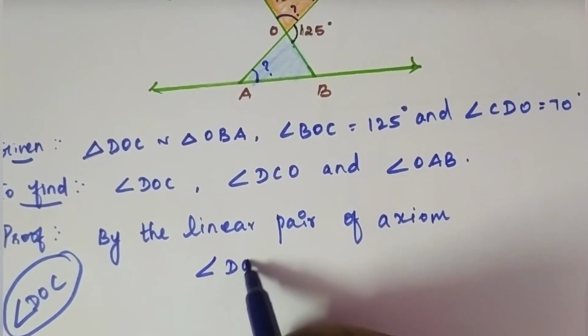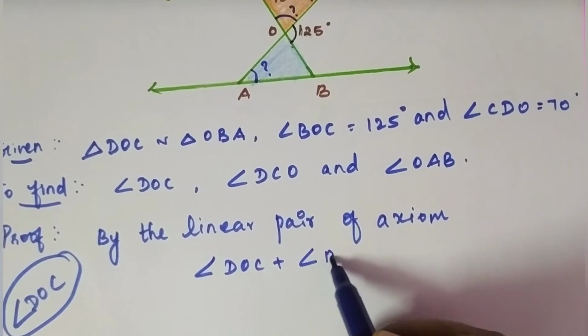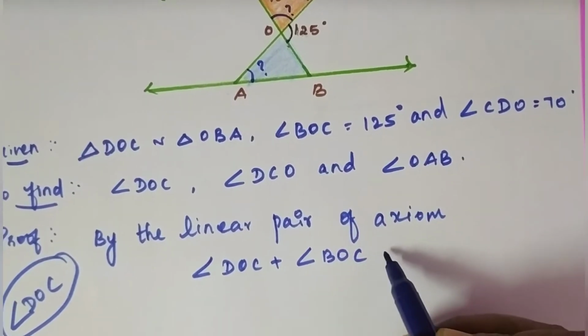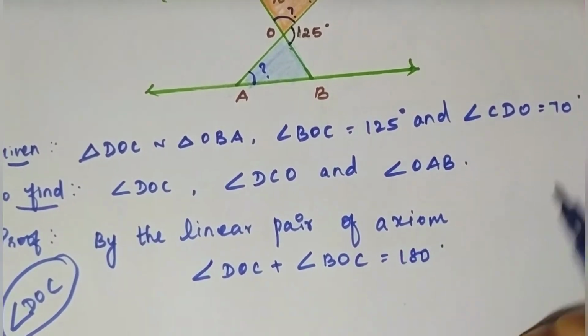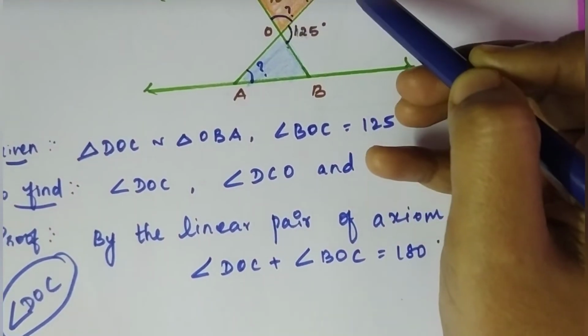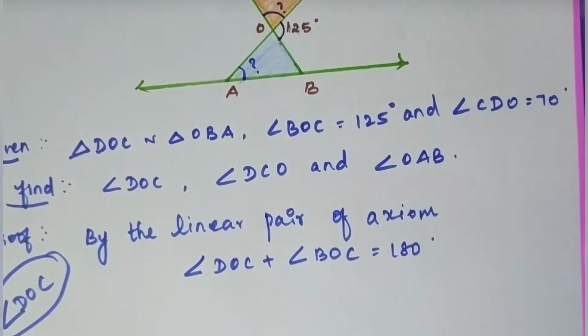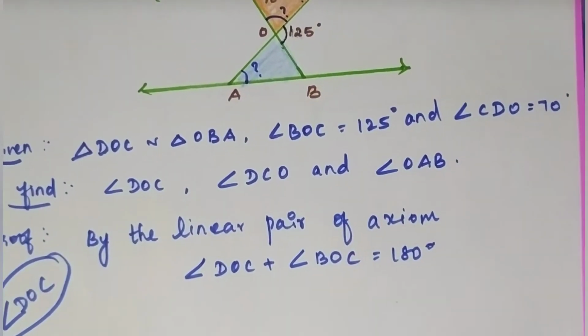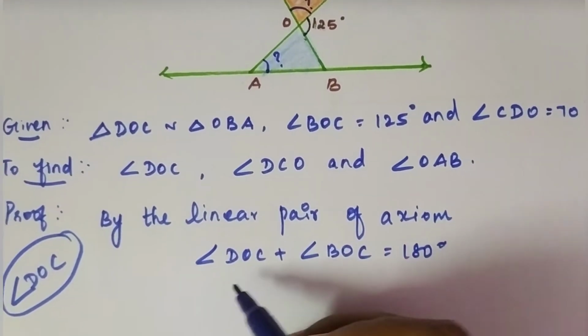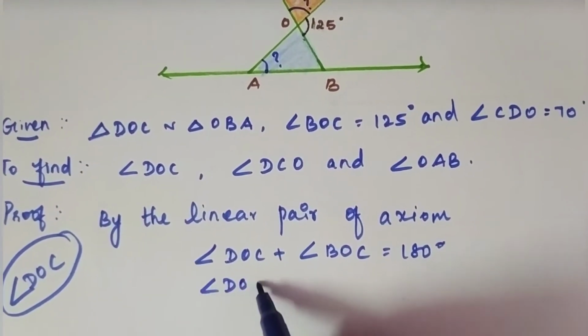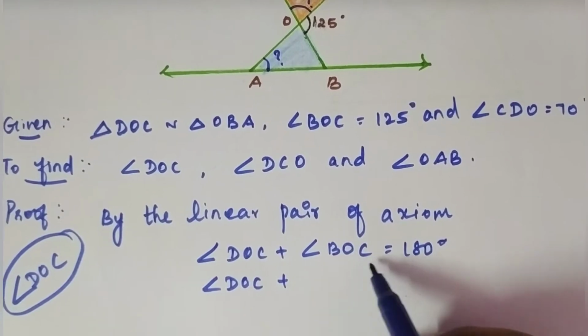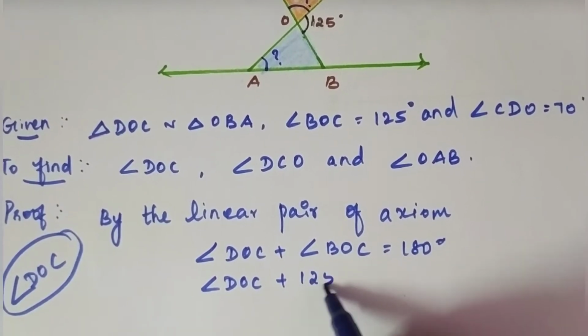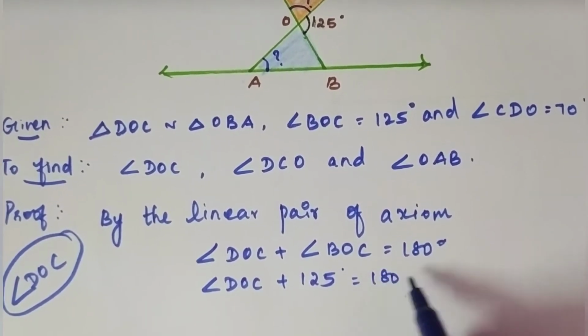Angle DOC plus angle BOC is equal to 180 degree. This is what we have to find, so keep it as it is. And BOC is 125 degree, so angle DOC plus 125 degree is equal to 180 degree.